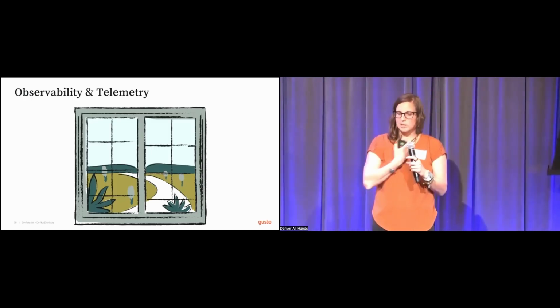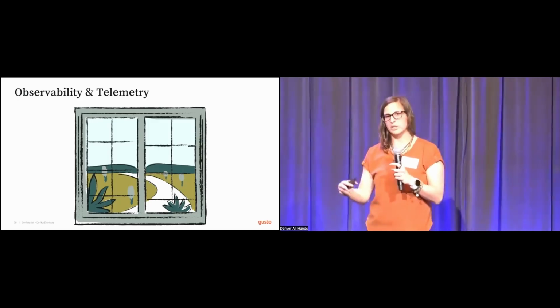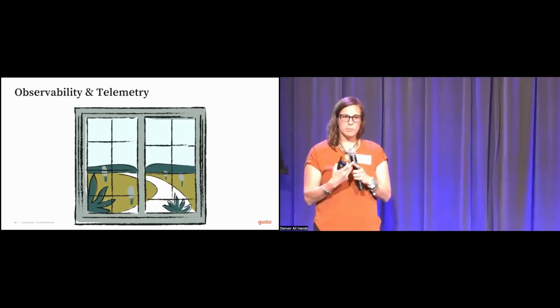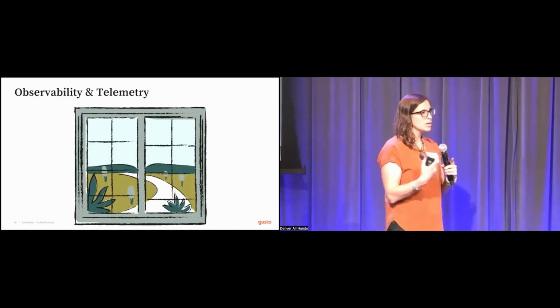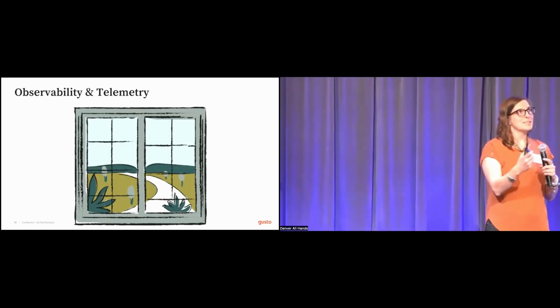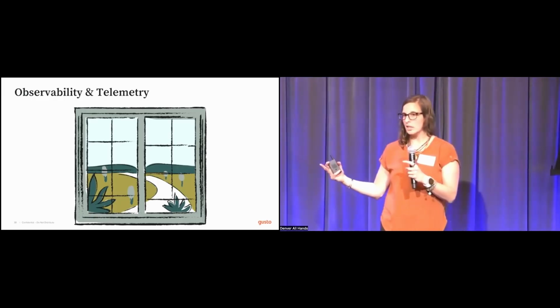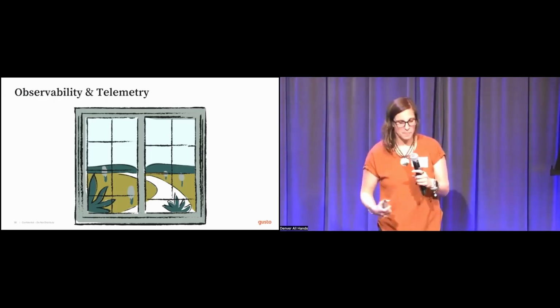Telemetry helps us see what's happening inside of our application while it's running: performance, behavior, errors, things like that. Without telemetry, we are essentially deploying our app out into the ether and hoping that it works.